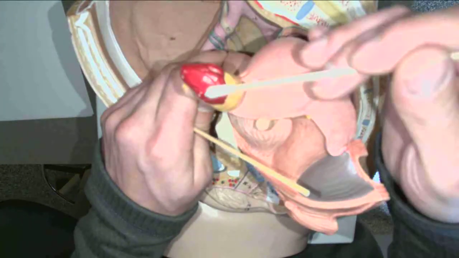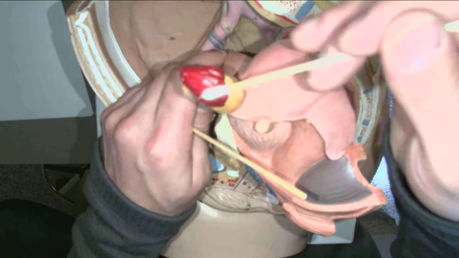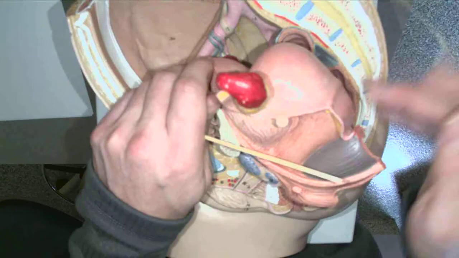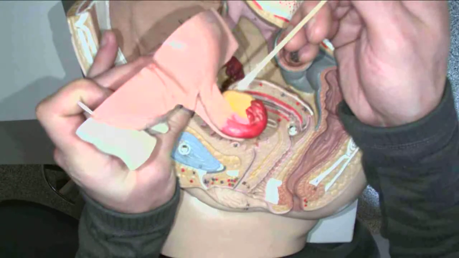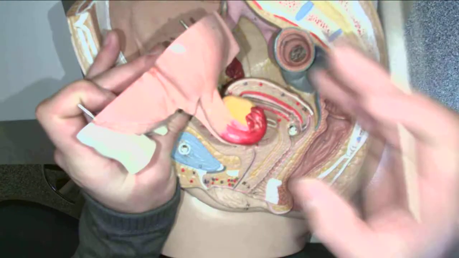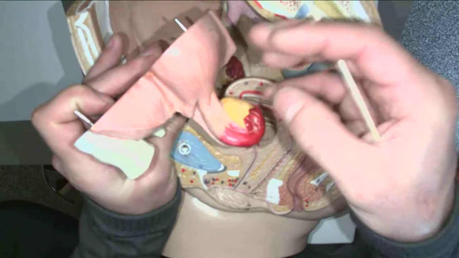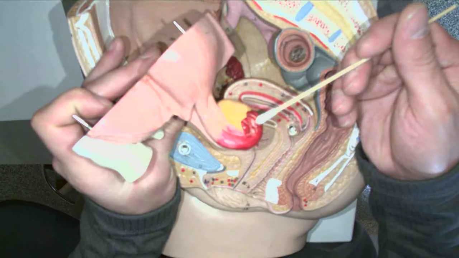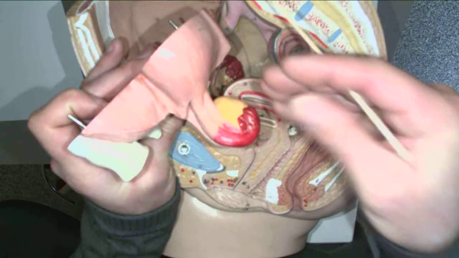Here, if we look at it in this view, you can see the ovary is here, and this part kind of hangs over the ovary, drapes over it. This part right here, these are known as fimbriae. And fimbriae are literally fingers that hang over the ovary, and when the oocyte, the egg, is ruptured out of the ovary, it's kind of floating in interstitial space for a very brief moment in time.